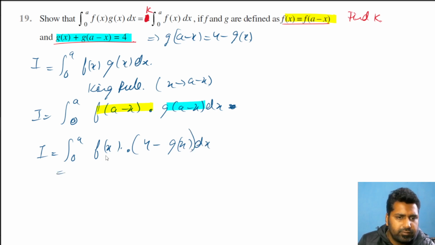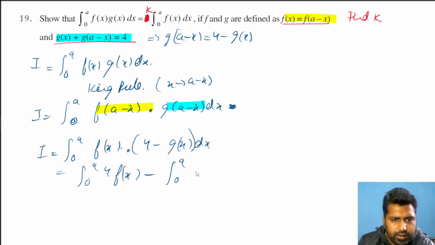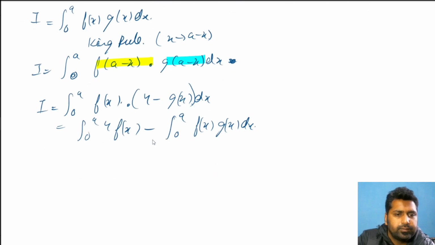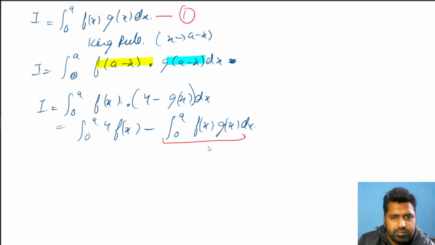Let's multiply f(x) with this. 0 to a, this will be 4 f(x) minus, breaking into integrals, integral 0 to a of f(x) g(x) dx. What is this as such? This was the question itself. Look at this, same thing. So this is I.